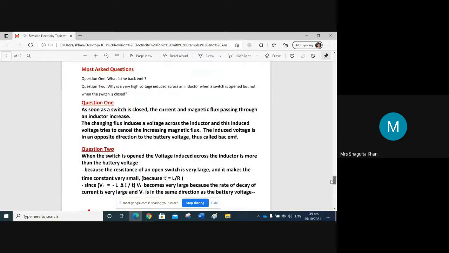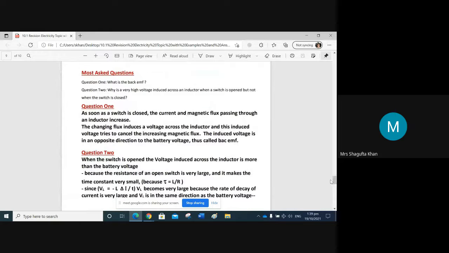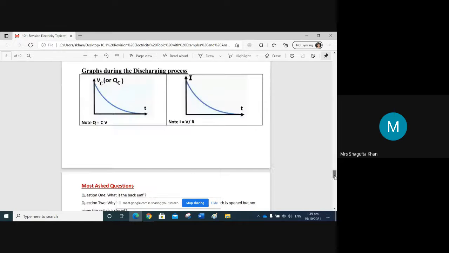Now, the general question that is asked in this inductor topic is, what is the back EMF? That is question number 1.